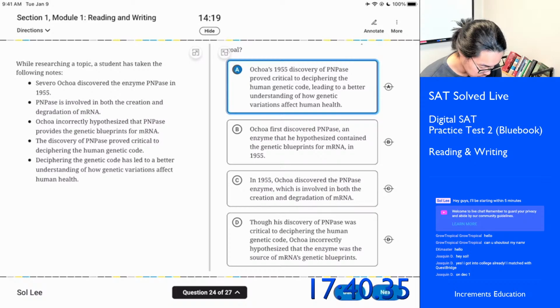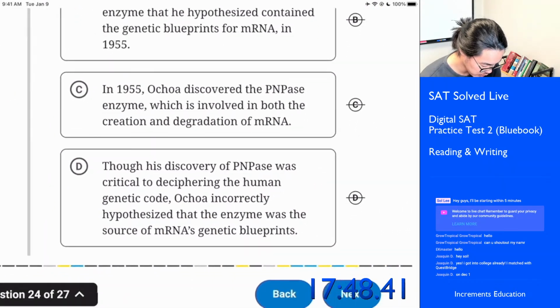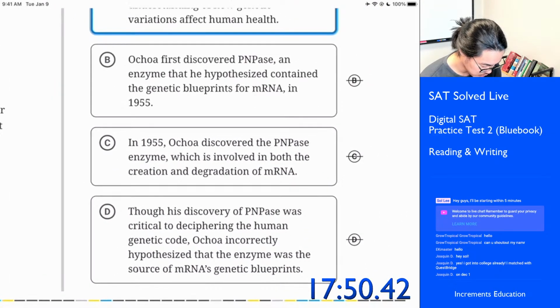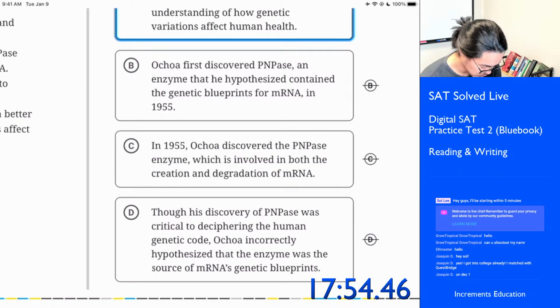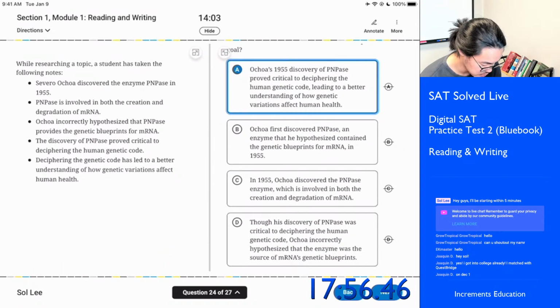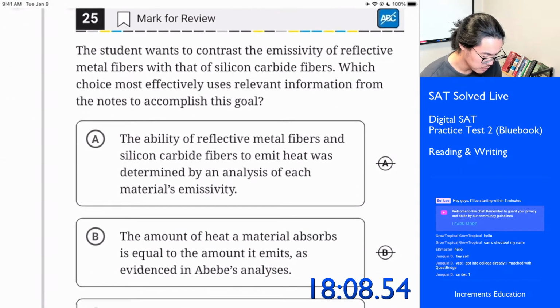I'm looking at the right side, but this UI is so hard to navigate. Yeah, only A is significance. I don't even need to see the left side. Okay.